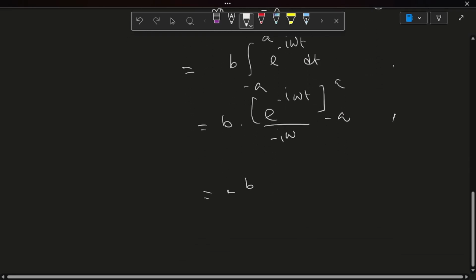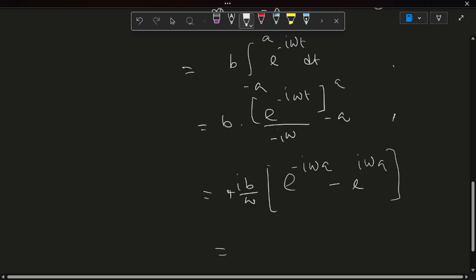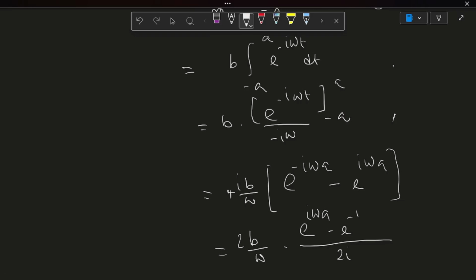It will be b by i omega, and first we put t equal to a, which gives e to the power i omega a, and then the lower limit. Now I can write it in the following way: b by omega, 2i, e to the power i omega a minus e to the power minus i omega a. You can check whether it is okay or not.